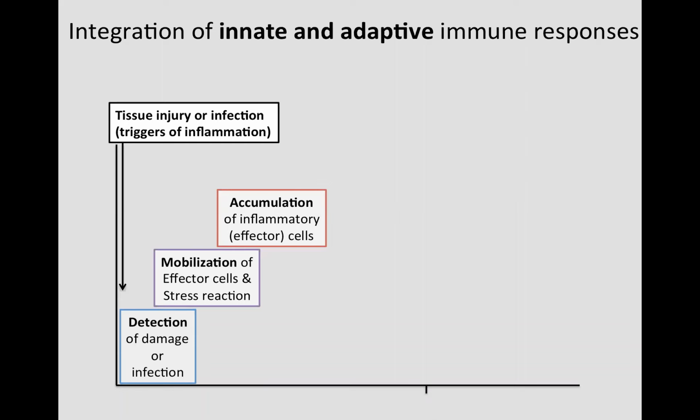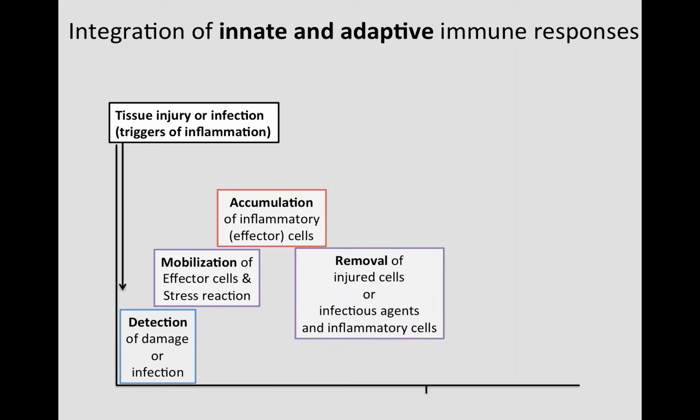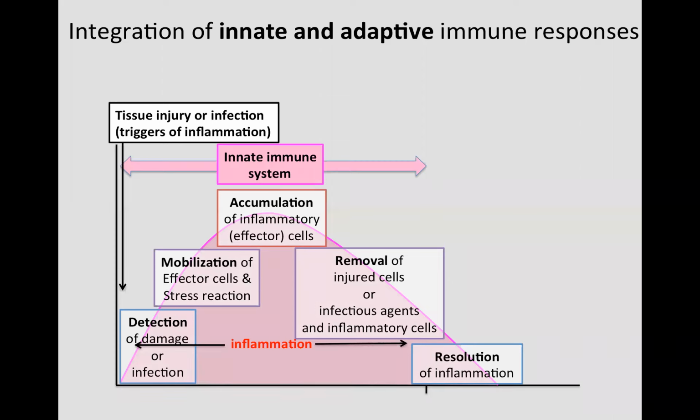These inflammatory cells, these effector cells, will take care of the problem, remove the injured parts of the body, remove the infectious agents, and the whole thing is resolved within a couple of days. So this is the so-called acute inflammation which happens in our body, and this whole thing is taken care of by the innate immune system.